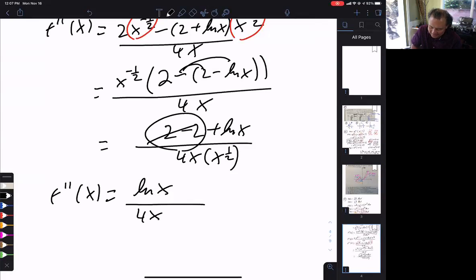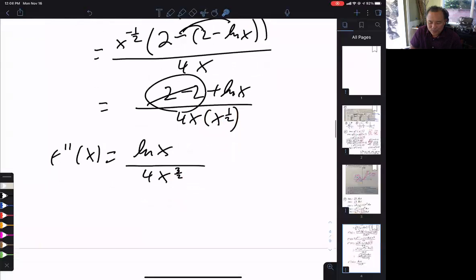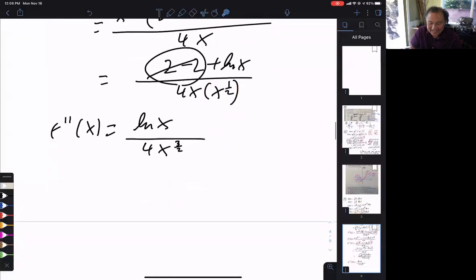That would be sad. Oh, you know what? Let me go ahead and combine these while we're at it. So on the bottom, we're going to have x to the 3/2. Why? There's a 1 there and a 1/2 here. You add exponents, you get 3/2. Wow, all that work to get the second derivative. I hope that's right, or else this is going to be a lot of work for nothing.